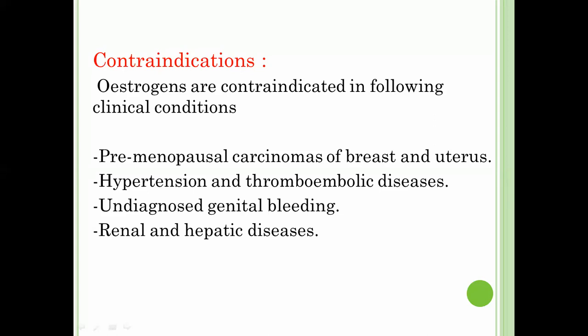The uterus is a hollow muscular organ located in the female pelvis between the bladder and the rectum. Premenopausal means before undergoing menopause. So it is contraindicated in premenopausal carcinomas of the breast and the uterus.